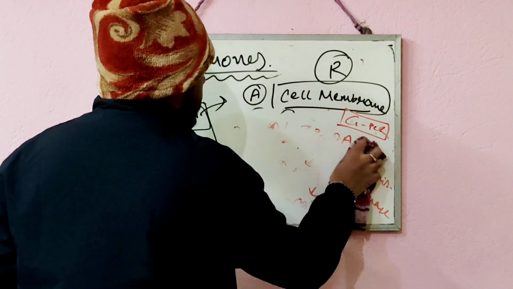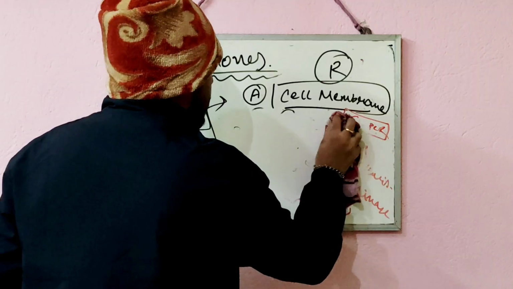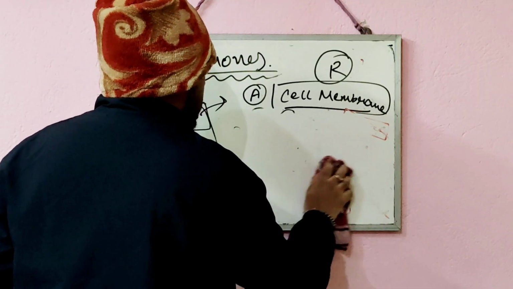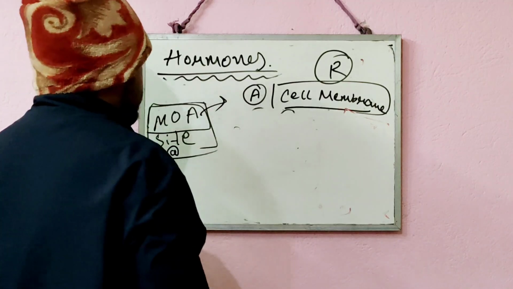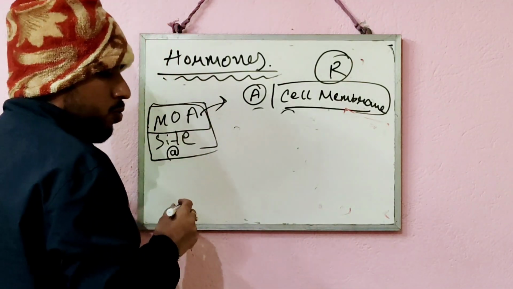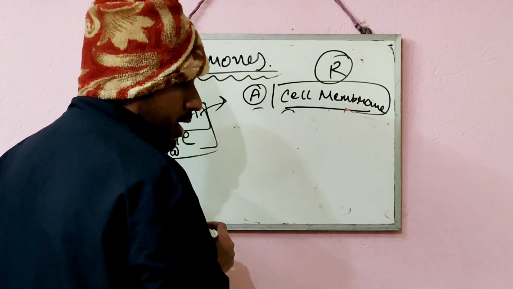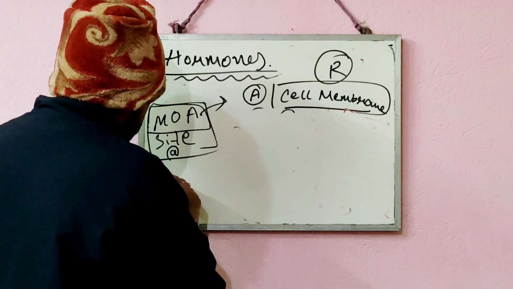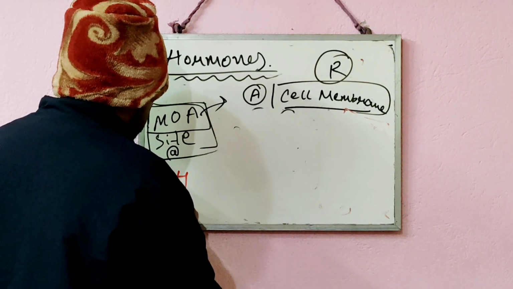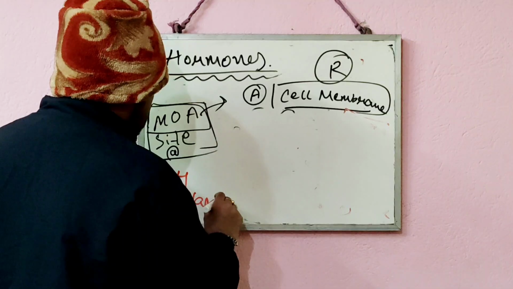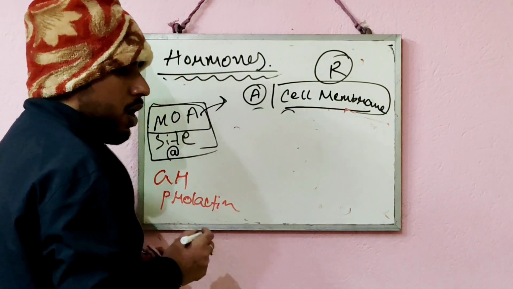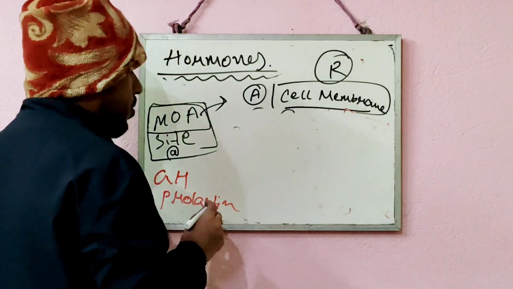The third type of mechanism of action that is generally shown by different hormones in the cell membrane. The hormones that show action by this are growth hormone and prolactin. How do growth hormone and prolactin show their mechanism of action?